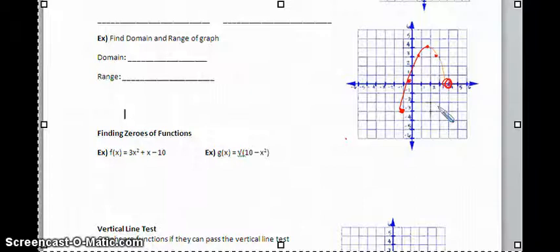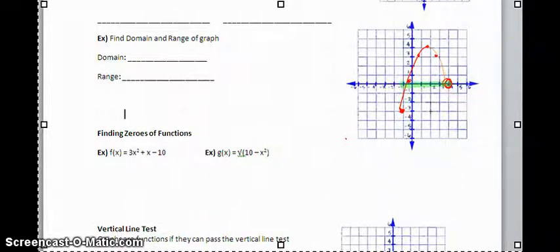So I don't know the actual equation, so if I'm trying to find the domain, I'm going to ask you what x values work. So notice that this is my very leftmost x value, this is my very rightmost x value. So it's going from a -1 all the way over to a 4, but at 4 it's an open circle, at -1 it's a closed, and that makes a difference. It means it can be equal to -1, but not equal to 4.